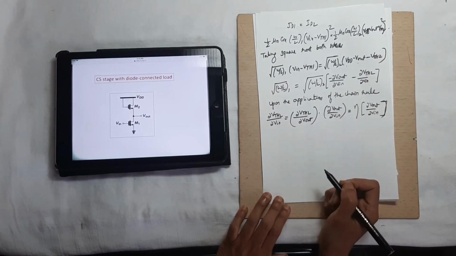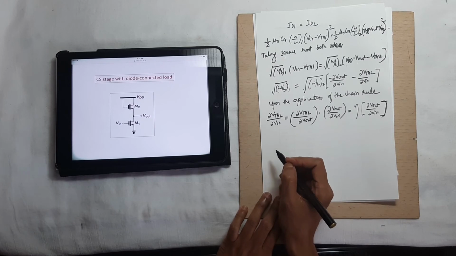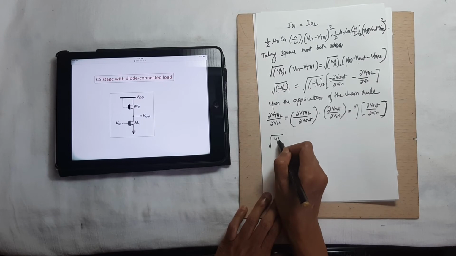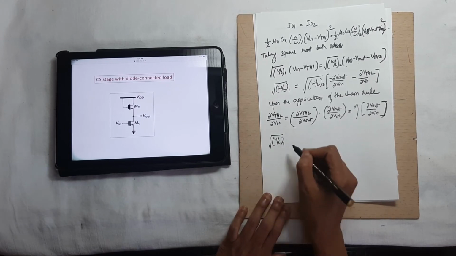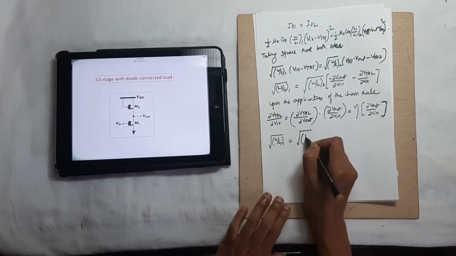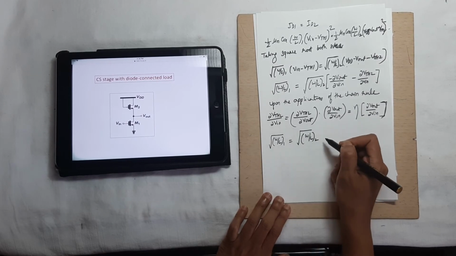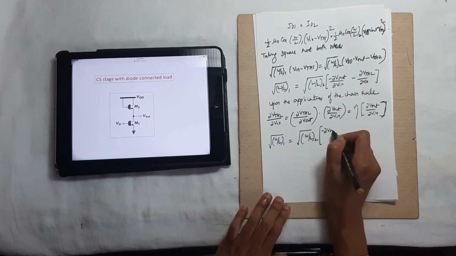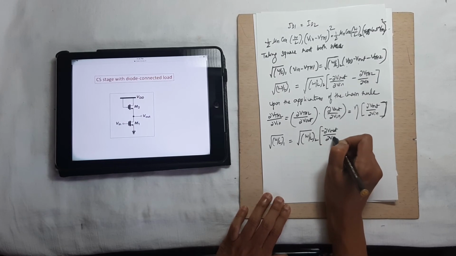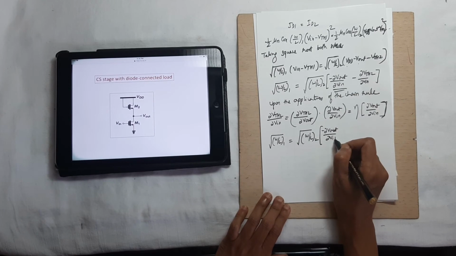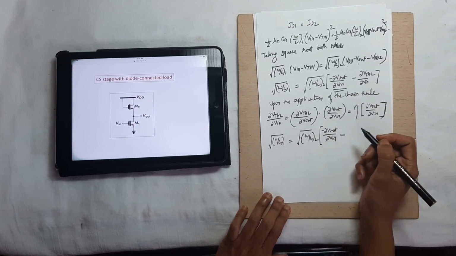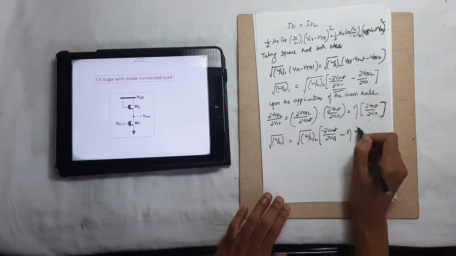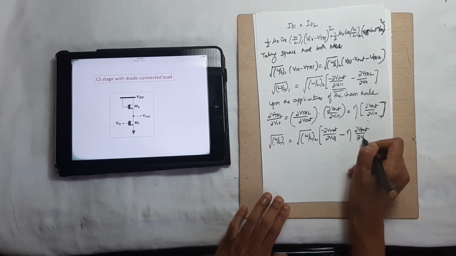Now substitute this in the above expression. Square root of W by L of the first transistor is equal to square root of W by L of the second transistor multiplied by minus dou Vout by dou Vin, and in place of the second term, we write eta into dou Vout by dou Vin.